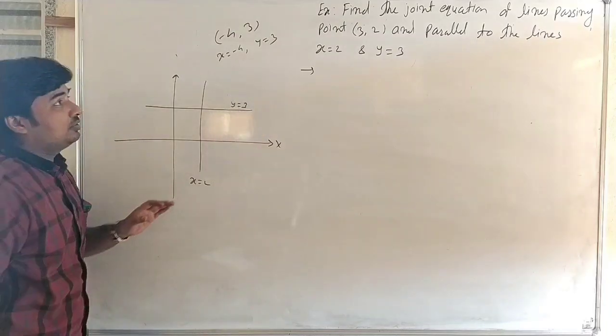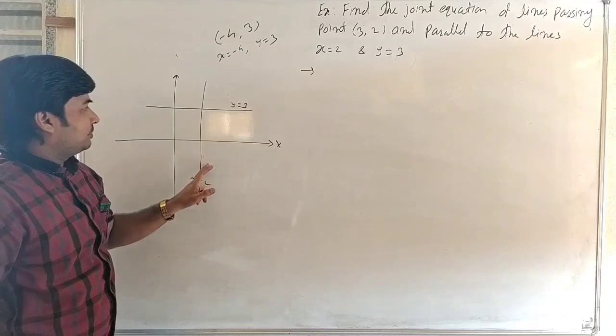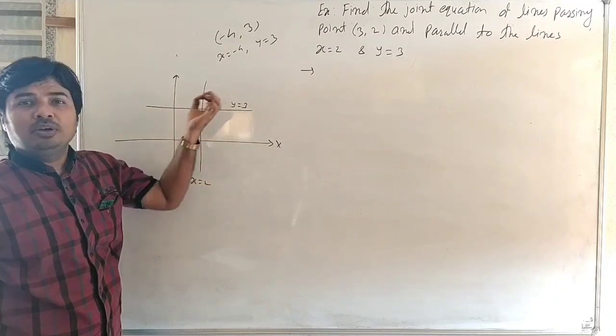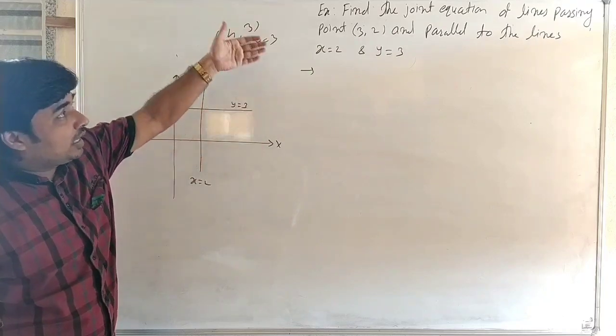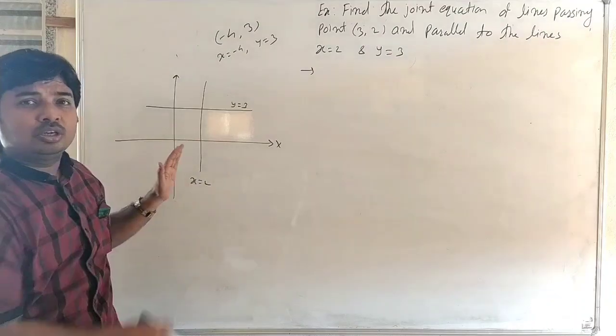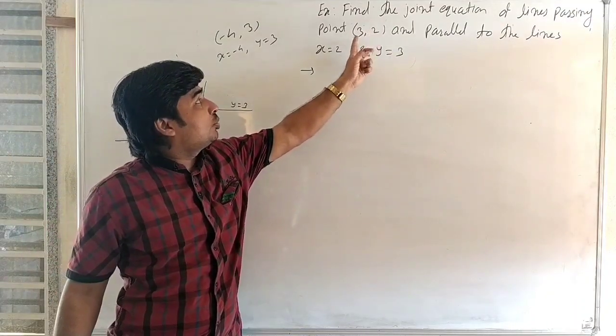These are the given lines, and the required lines are parallel to these two lines. These two lines are parallel or perpendicular to the coordinate axis, which means the required lines are also parallel to the coordinate axis, or both perpendicular to the coordinate axis, and pass through point (3, 2).